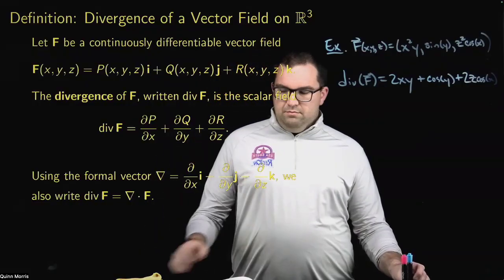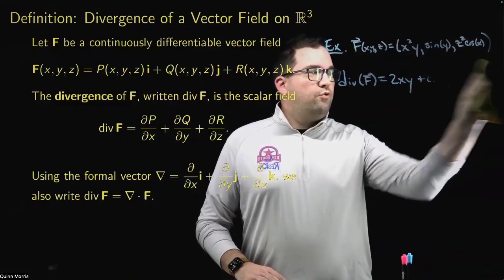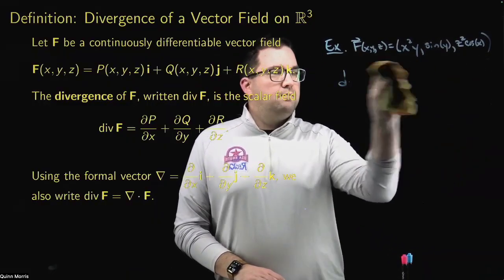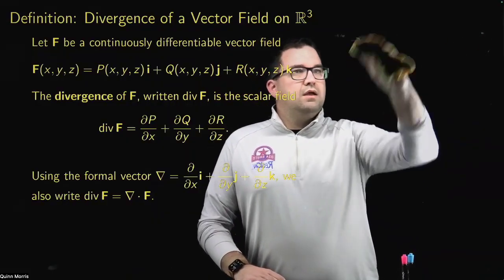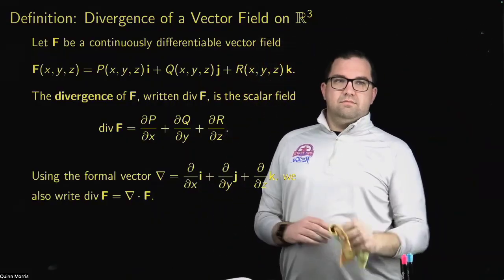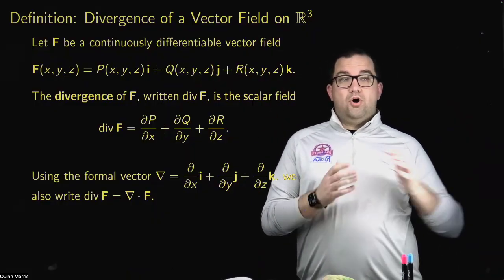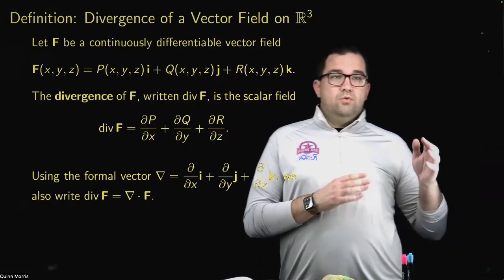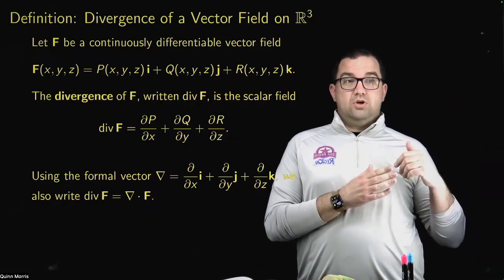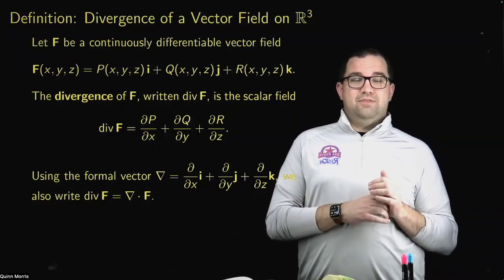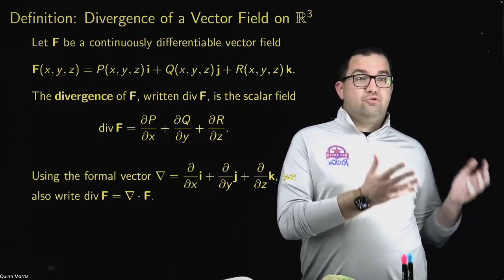But what we want to move forward with understanding is, well, what does it really represent? Now, before we jump into that, you'll notice that we have defined the divergence here as if it's only something that we can talk about on R3. When we talked about curl, the way we defined curl as a cross product of del with a vector, it's unclear how that would work in any dimension other than 3.